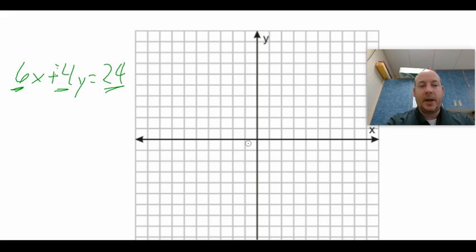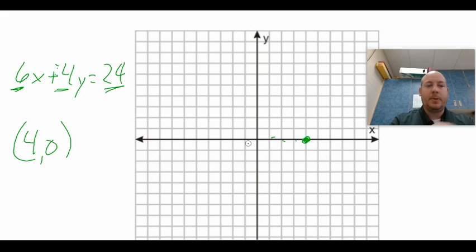So again, if I want to find my x-intercept, I basically ask myself, what do I multiply the 6 by to get 24? Well, 6 times 4 is 24, so my x-intercept is at 4 on the x-axis. 1, 2, 3, 4. Okay? For my y-intercept, I ask myself, what do I multiply the negative 4 by to get 24? Well, negative 4 times negative 6 is positive 24.